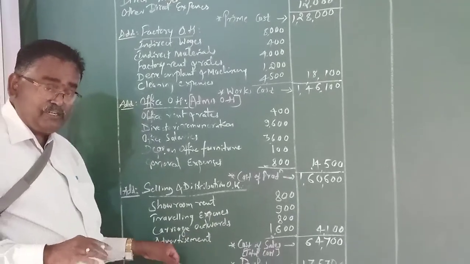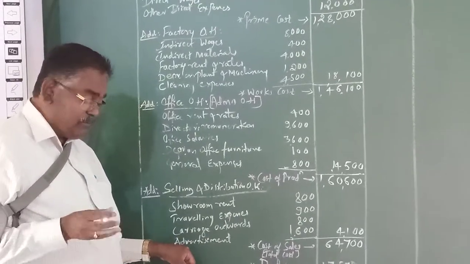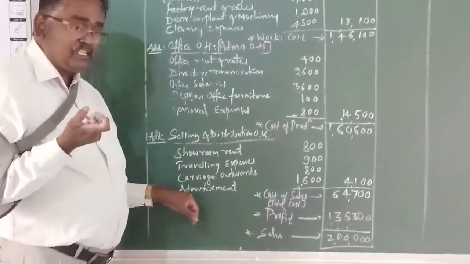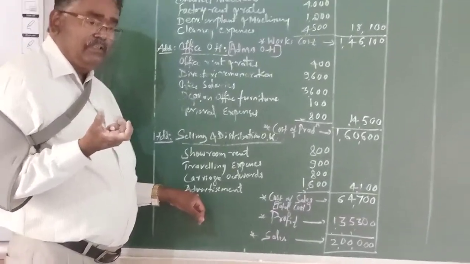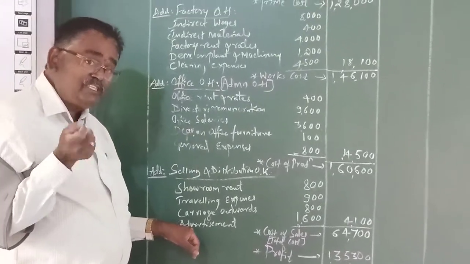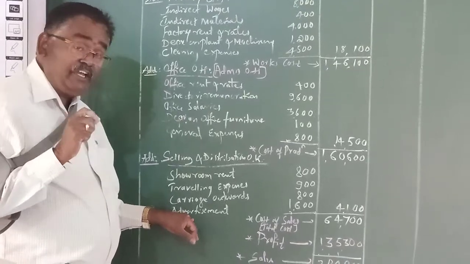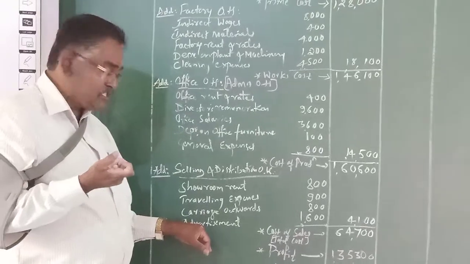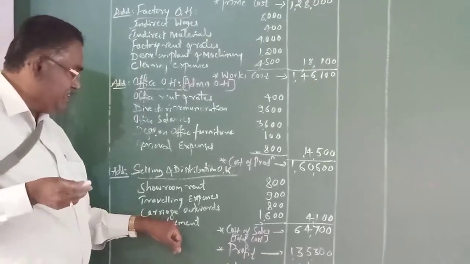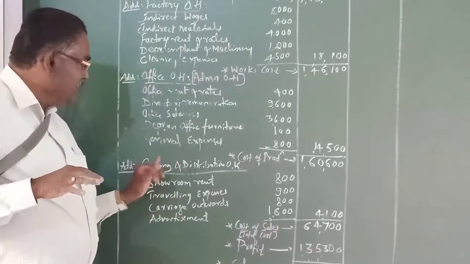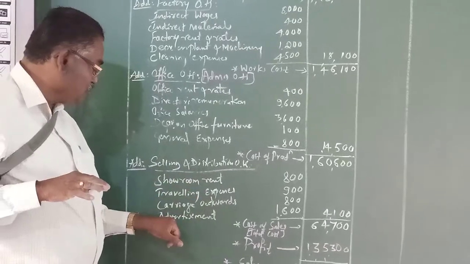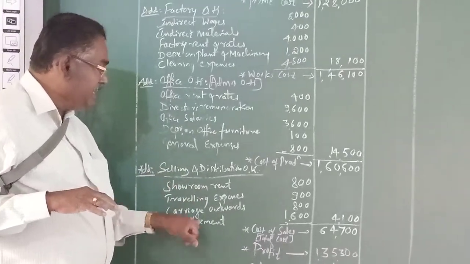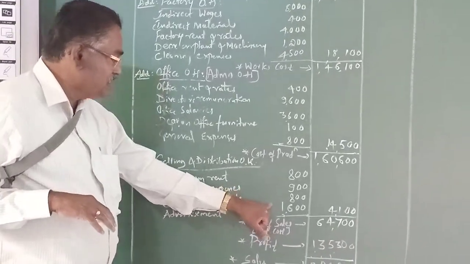Then advertisement charges, to motivate or attract the customers or convince the customer. The advertisement charges incurred for selling and distribution of goods and services are to be taken under selling and distribution overhead, rupees 1600.